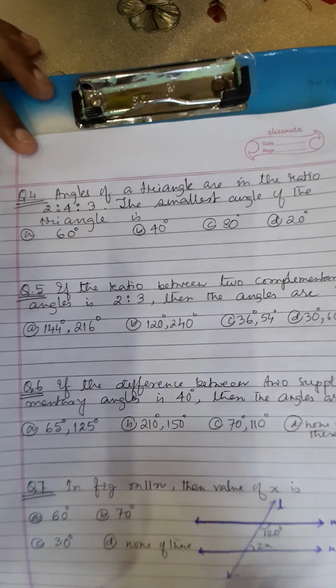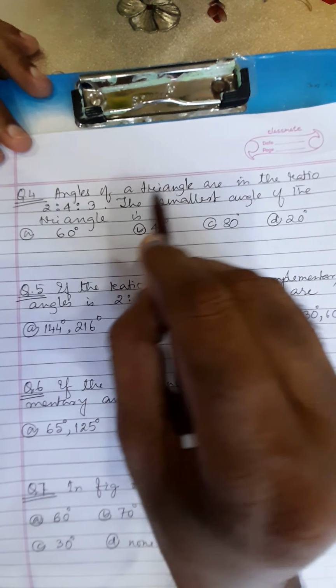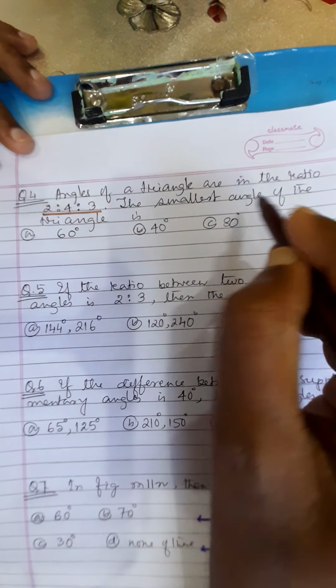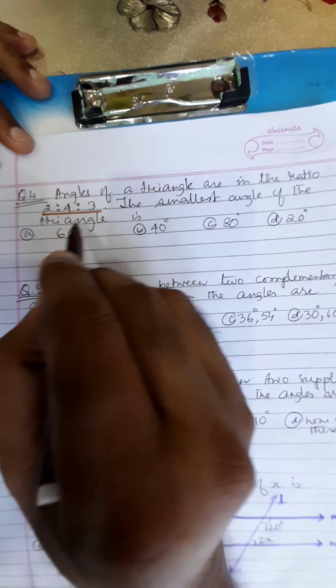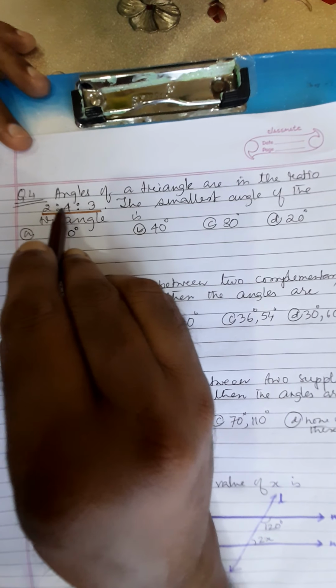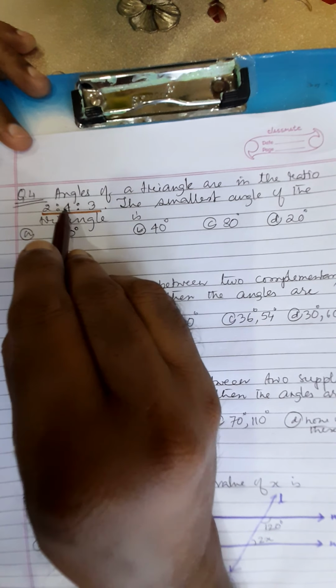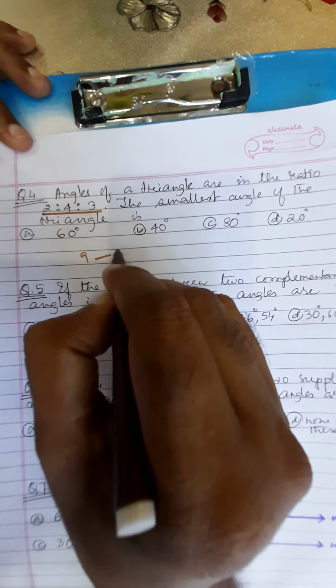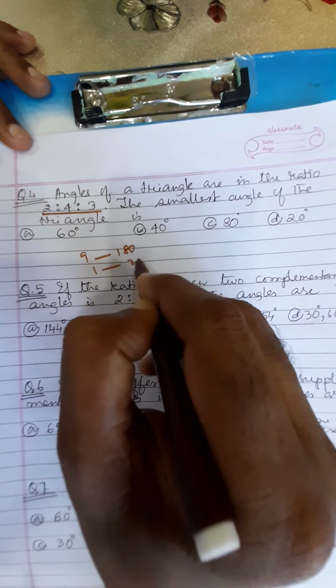Question number 4. See, question number 4 is given. Angles of a triangle are in the ratio 2:4:3. The smallest angle of the triangle is... again same thing. 2:4:3. Total is 2 plus 4 plus 3, which is 9. So 9 parts is equal to 180, so 1 part is equal to 20.